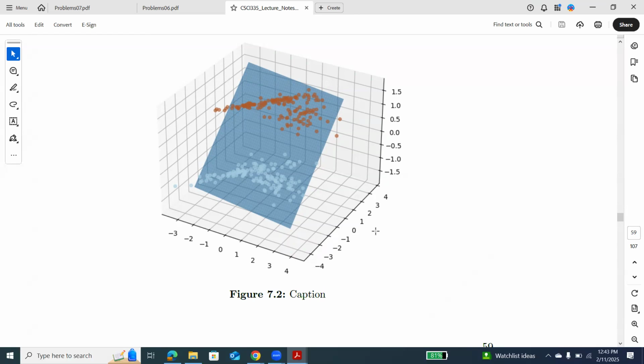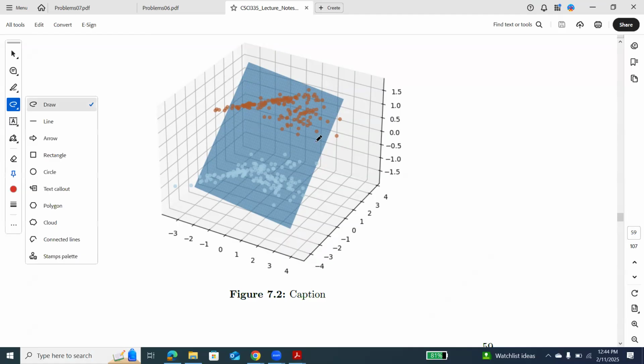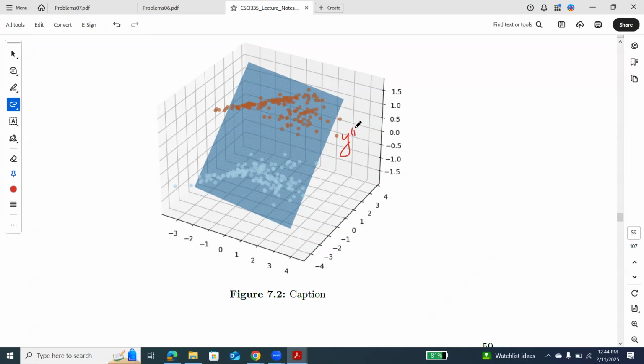It means that we want to fit a plane to these points, but this, for example, is the true value of y, and our model will predict this point with a value different from 1. In this case, it will be higher. And this will be y hat 1.